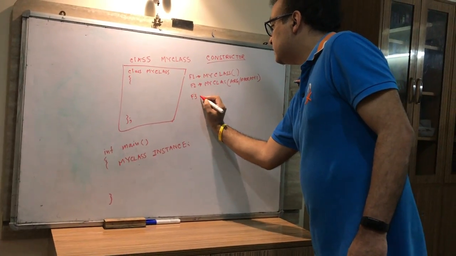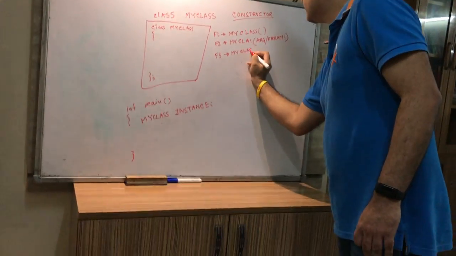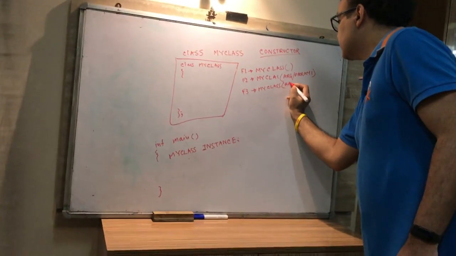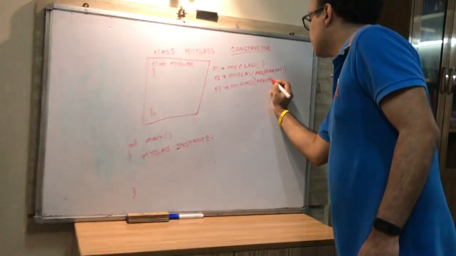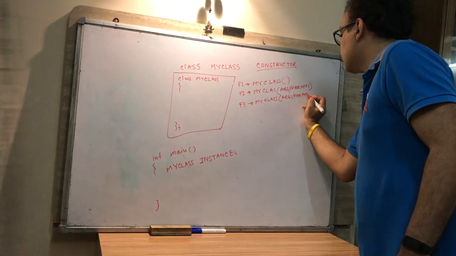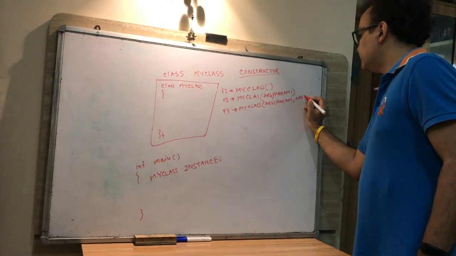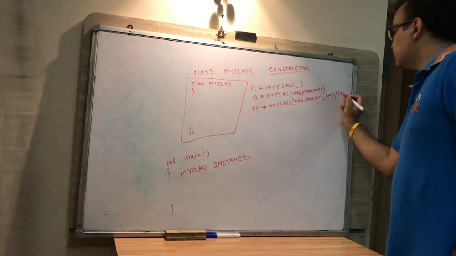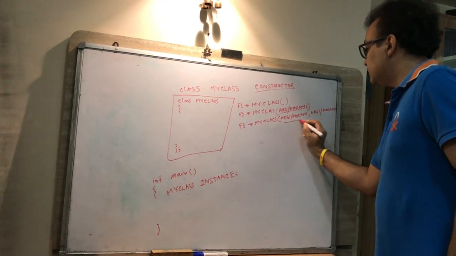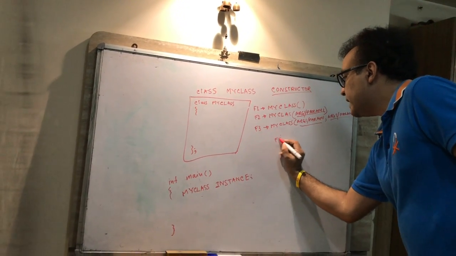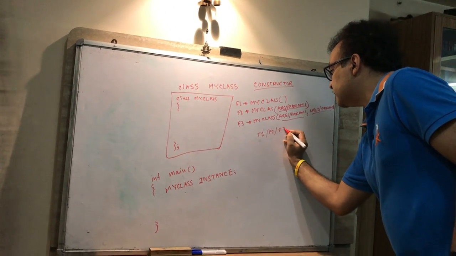You can write another constructor, which has 2 arguments. So effectively we have 3 constructors, F1, F2 and F3.